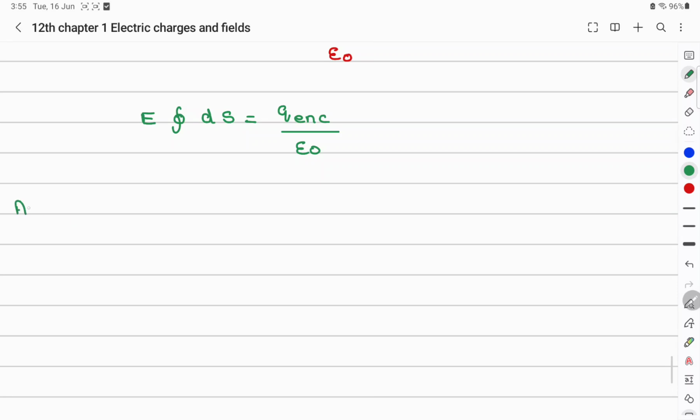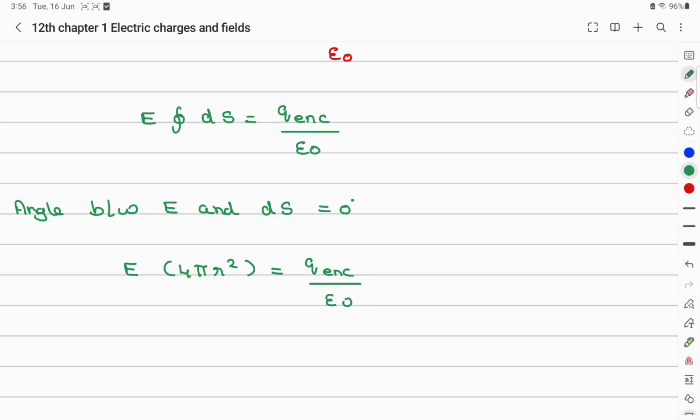So E into 4 pi r square, which is the area, is equal to charge enclosed by epsilon naught. In this we are going to solve for inside the atom, outside the atom and on the surface.